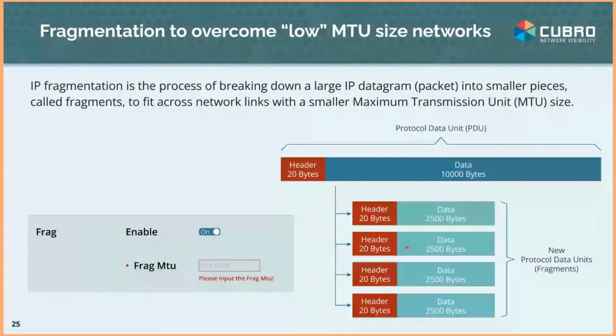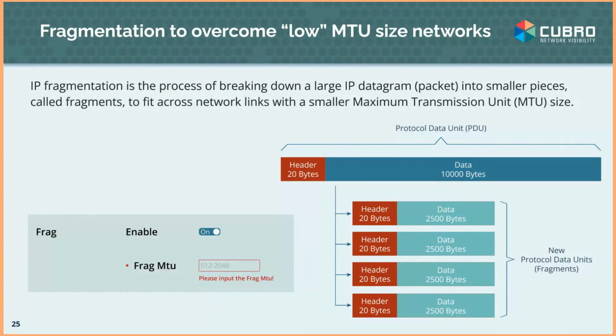Another use case the box can do, not all of them, is fragmentation. And what is fragmentation? Assume you have some remote mirroring, and from the remote mirroring you get very big packets. As an example, 10,000 bytes, or it can also be 2000 bytes. You want to transport this over the network, but maybe it's not your network. You cannot guarantee the 2000 bytes.